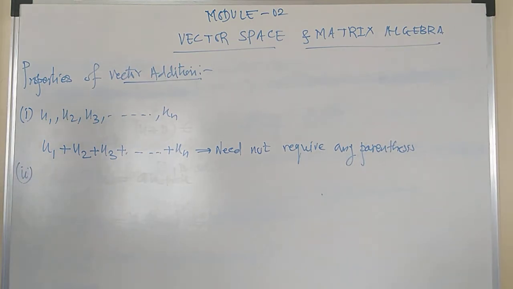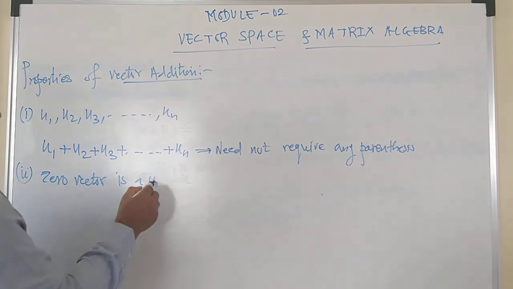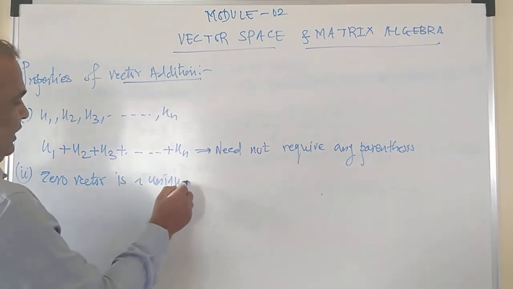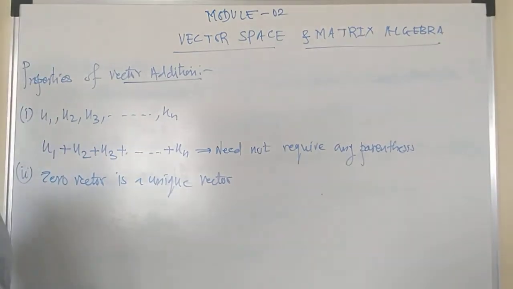Let's go for the second property of the vector addition, and the second property is the zero vector. The zero vector is a unique vector, right? There is no other alternative vector to the zero vector.